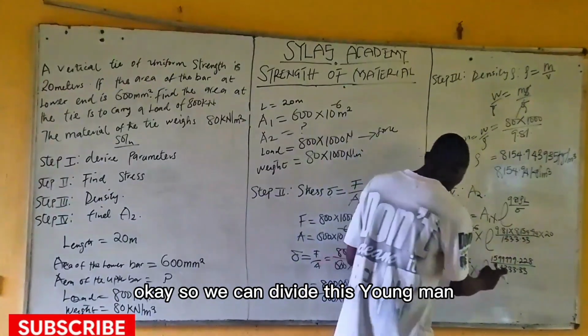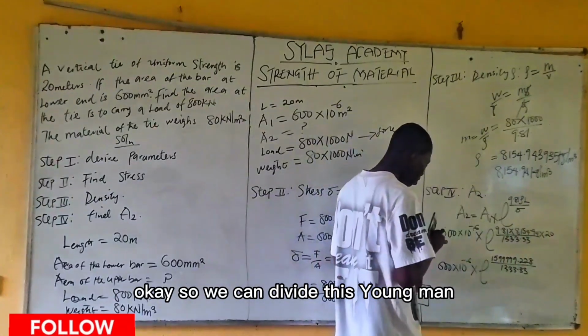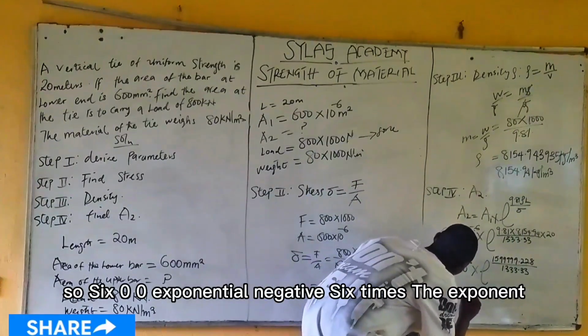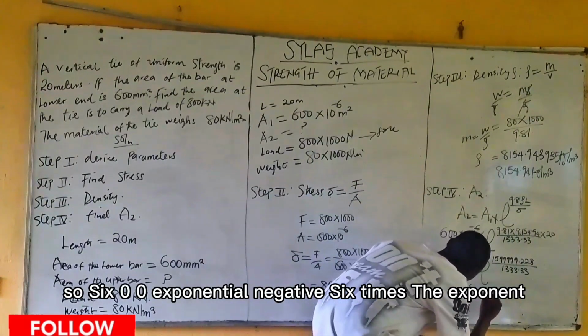Okay, so we can divide this. So 600 exponential negative 6 times the exponent.